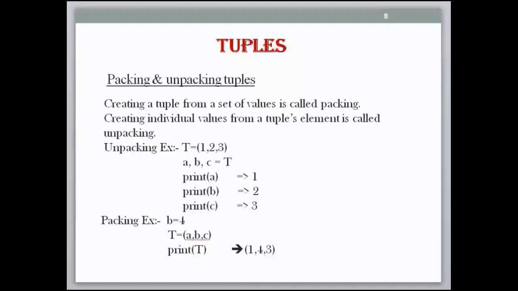Here is an example, like t is equals to 1, 2, 3, and you can unpack it using a, b, c. So a will get 1, b will get 2, and c will get 3. Now you can change a particular element and then you can pack it back to the tuple, like t equals to a, b, c. So this time when you print the tuple, you will get the changed value.